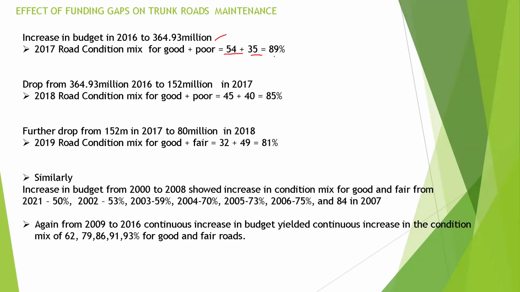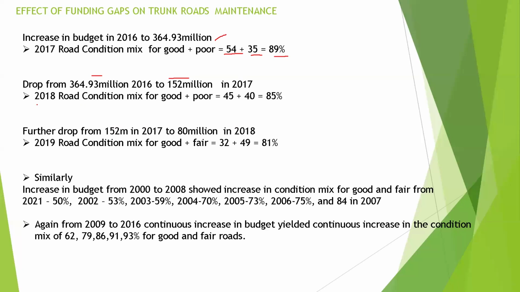When you add the two, the total motorable or good roads is 89. Then it dropped. The releases from the road fund dropped from 364.39 million in 2016 to 152 million in 2017.